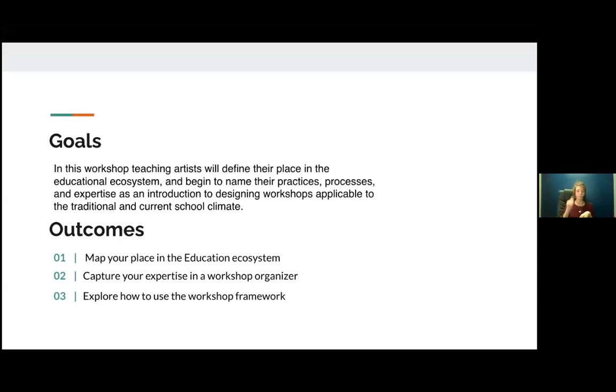Our program, the program that I direct, we do arts integration, and so we've had a summer institute and coursework that's been going on for 26 years now. So in March, like everybody else, we had to pivot, and instead of canceling everything, we decided to go ahead and let's try to do this online.